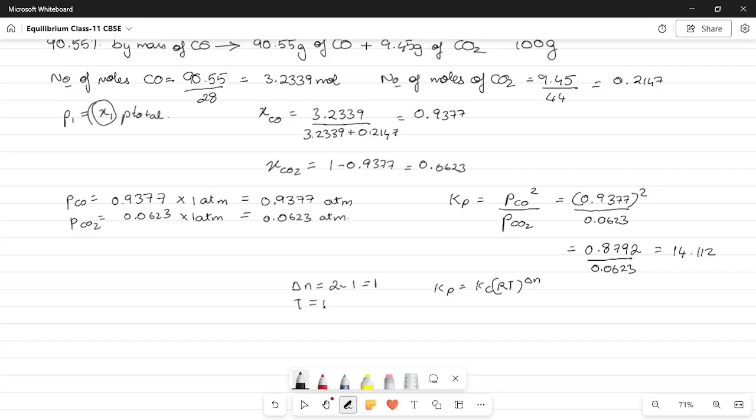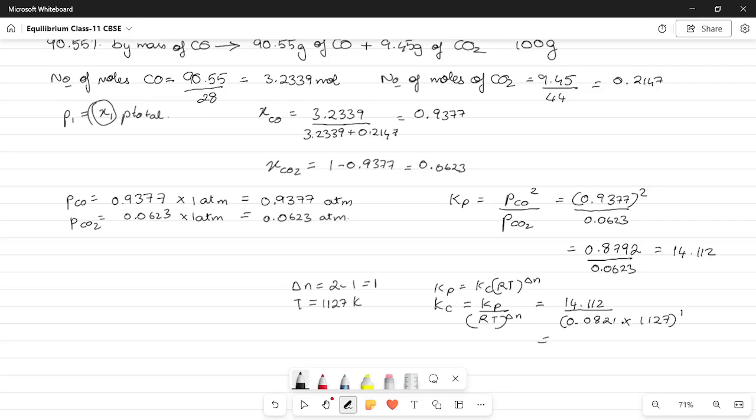Temperature was given to us, which is 1127 Kelvin. So we're just going to rearrange this. You're going to get Kc equals Kp divided by RT to the power delta n. Now let's substitute all the values. So 14.112 divided by R, which is the gas constant, 0.0821 into temperature 1127 to the power 1, because 2 minus 1 equals 1.